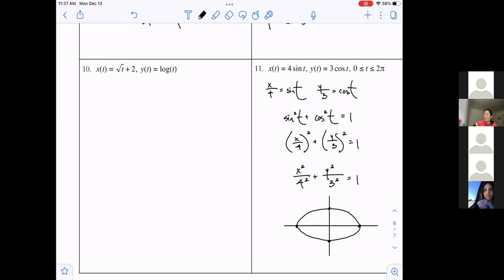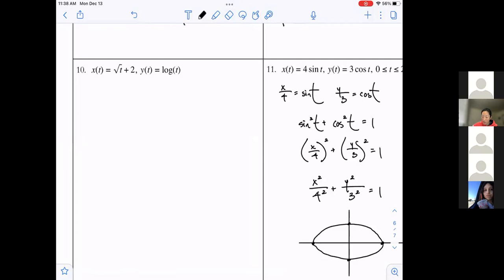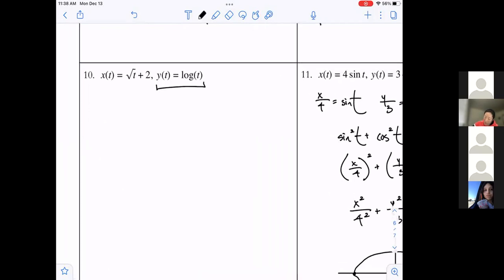I know logs were like the very first thing we learned this semester. Way back in August when it was still hot outside. Okay. So there are many things that we learn about logs, but one of the things that I think is most useful is remembering what the base is for something, right?